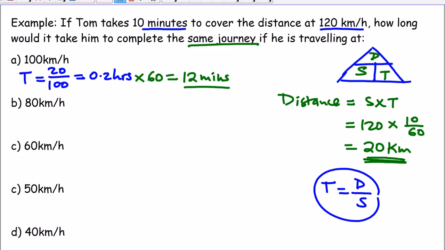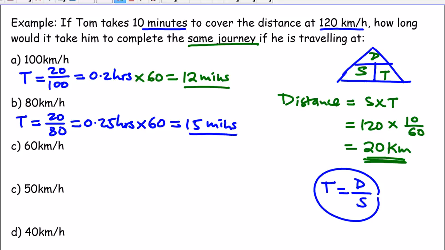And you're going to do the same thing for all these questions from A to D. So for B, time will be equal to 20 over 80, which is equal to 0.25 hours. You can check this on your calculator, multiply that by 60, and you'll find that that is equal to 15 minutes.